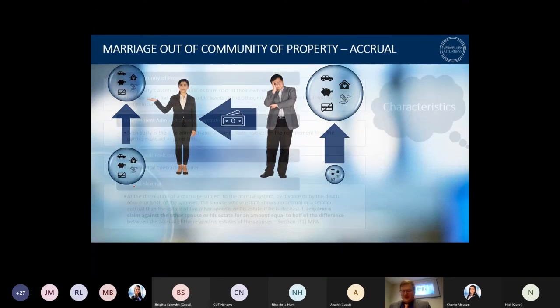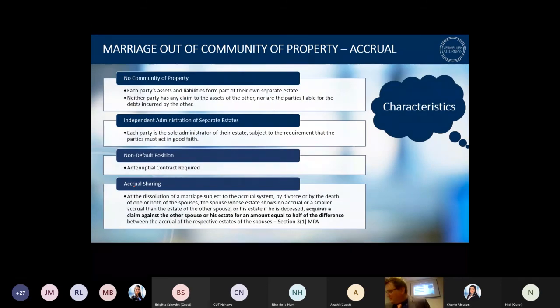So independent administration of separate estates is something that we must remember forms part of an accrual marriage. Each party is the sole administrator of their estate, and it is unfettered. You can do any transaction you want, provided that it is in good faith. You have a responsibility.